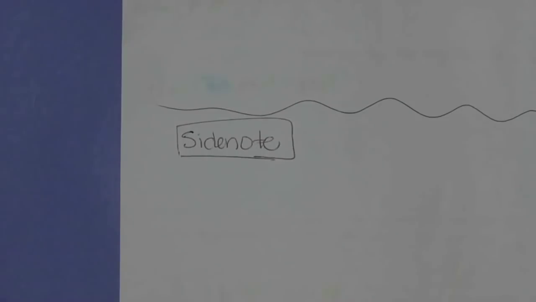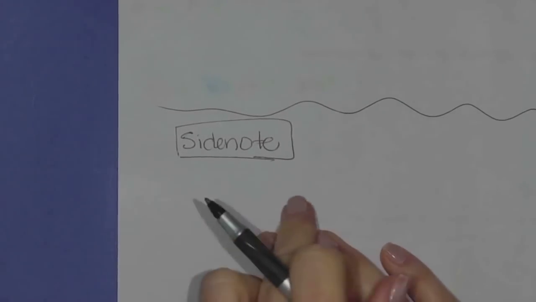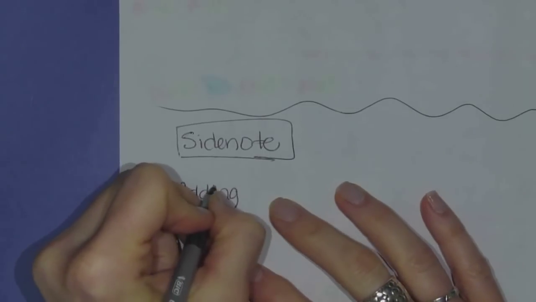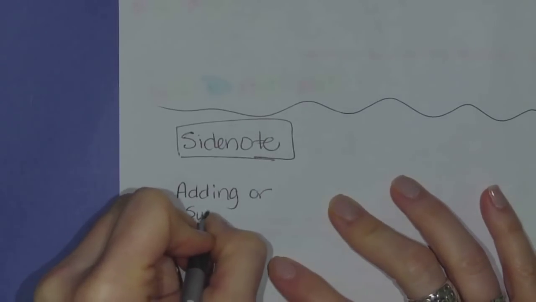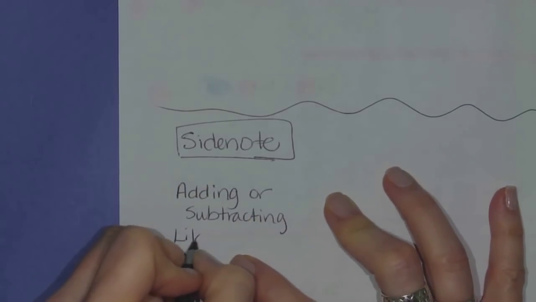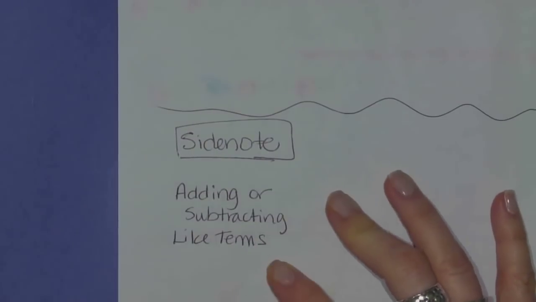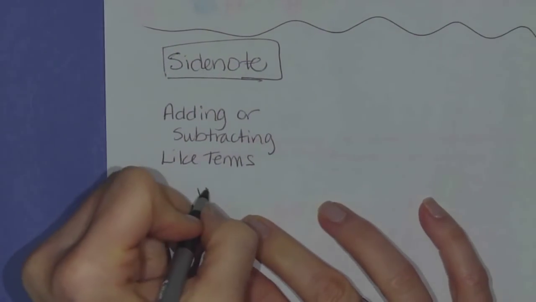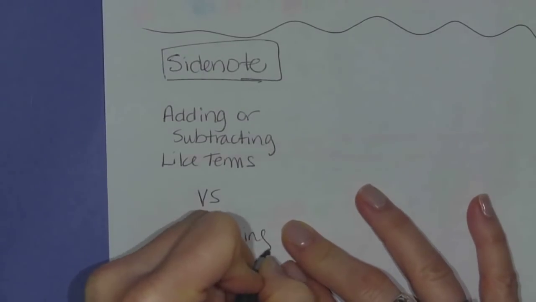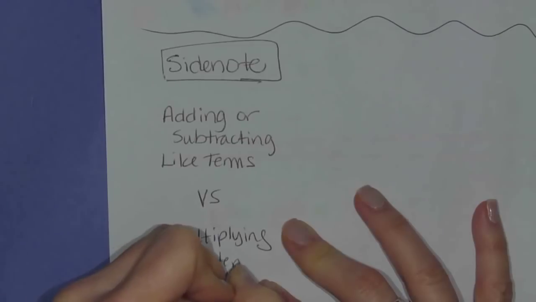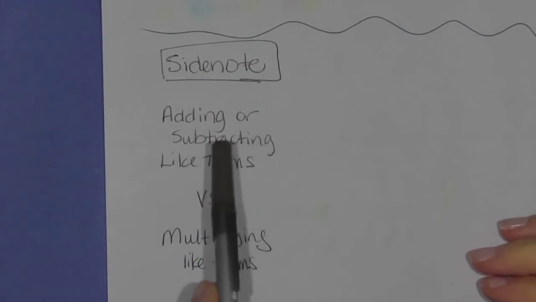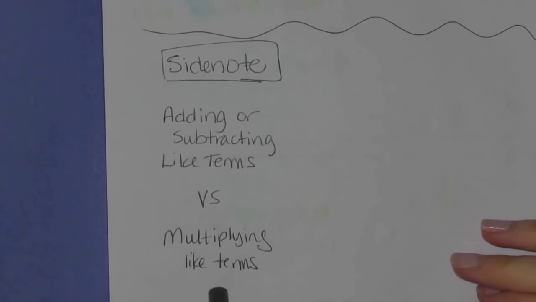There is a huge difference between adding like terms, or you could be subtracting too, so adding or subtracting like terms versus multiplying. And I can even put here like terms because I think this is where you would get mixed up. You would look at two like terms and want to add them, but you would do the operations of multiplication.